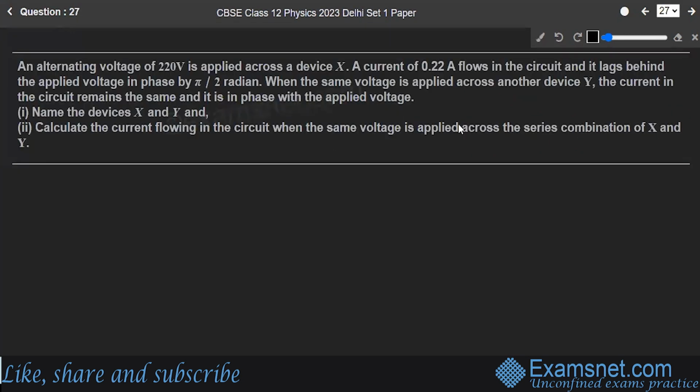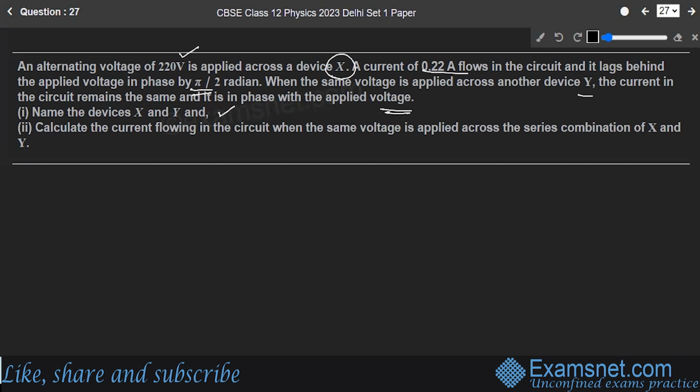Question number 27. An alternating voltage of 220 volts is applied across a device X. A current of 0.22 amperes flows in the circuit, and it lags behind the applied voltage in phase by pi by 2 radian. When the same voltage is applied across another device Y, the current in the circuit remains the same, and it is in phase with the applied voltage.